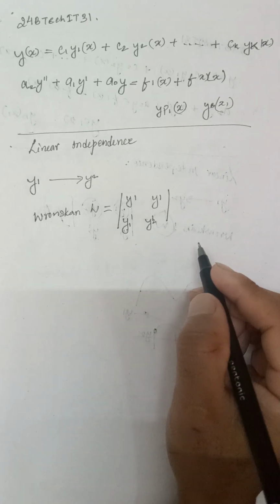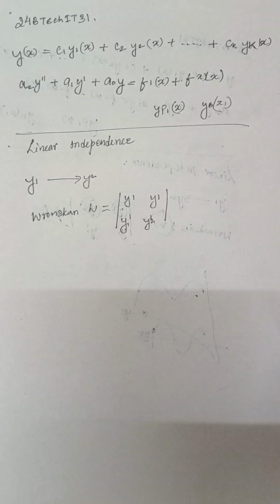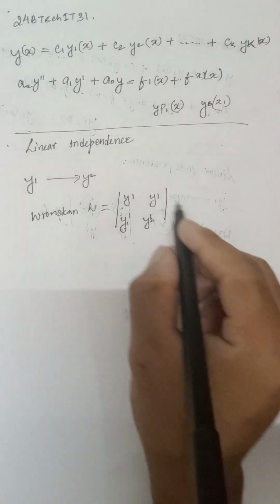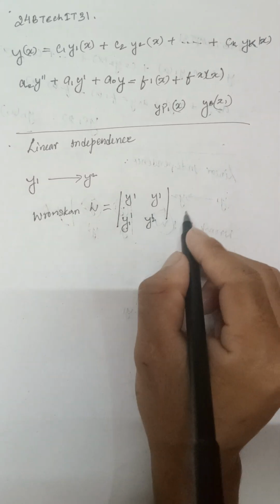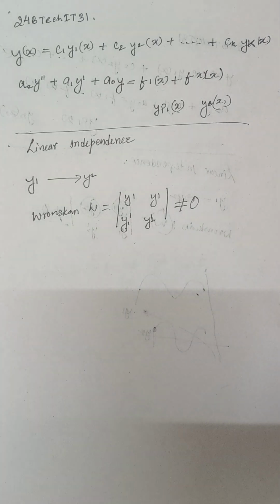For these two functions to be linearly independent, the condition is that the determinant is not equal to 0. If the determinant comes out to be 0, we say that these two functions are linearly dependent on each other. In other words, these two solutions are not good for us.